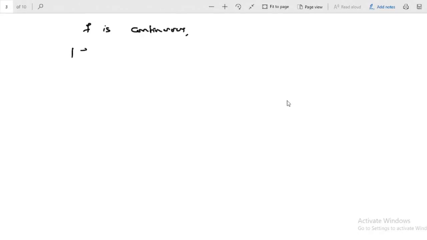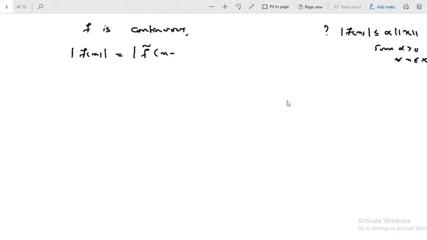It's modulus f of x. Is it less than or equal to some positive constant into norm x? Some alpha greater than 0. For every x belongs to x സംഭവിക്കുമോ എന്നുള്ളതാണ് ചോദ്യം. Okay, what is modulus f of x? f tilde കണ്ടിന്യൂസ് ആയതുകൊണ്ട് അതുവഴിയാണ് ഇതെല്ലാം പ്രൂഫ് പോകുന്നത്. അപ്പോൾ f of x നെ നമുക്ക് f tilde of x plus y closure എന്ന ഡെഫിനിഷൻ എഴുതാം.